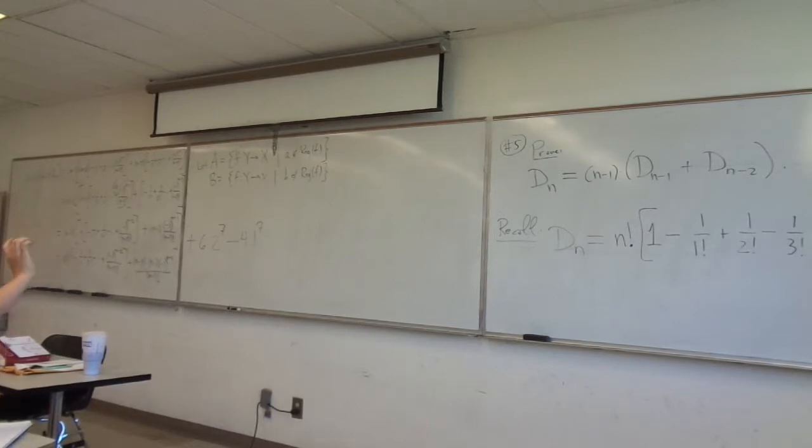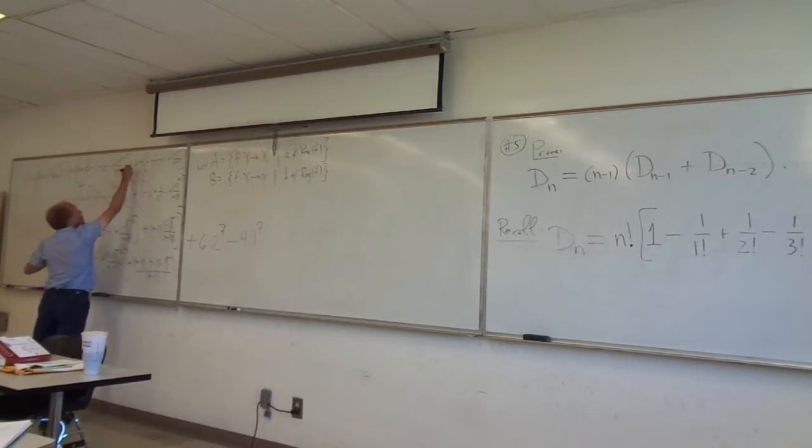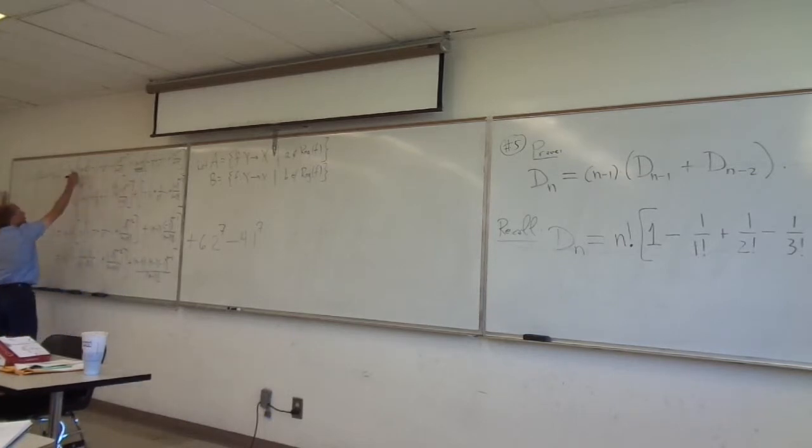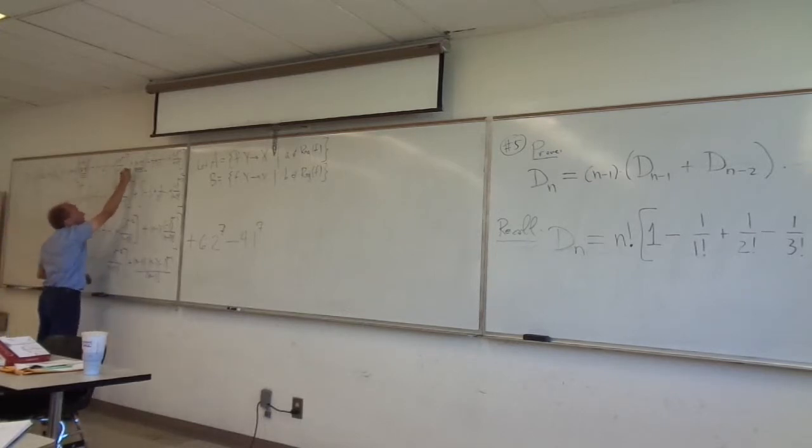Wait, I'm really confused on how you pull out the n minus 2 factorial. Then we get n minus 1 factorial. So this guy right here and this guy right here have almost all of the same terms. In fact, this n minus 1 factorial, if you prefer, you can think of it as n minus 1 times n minus 2 factorial. And now I'm pulling that out along with that.